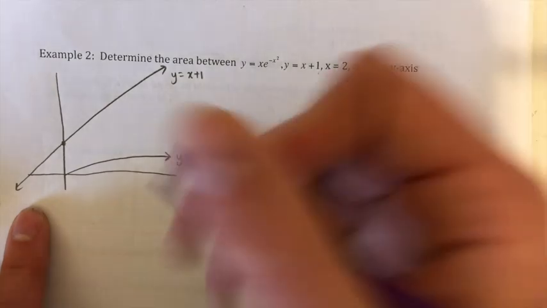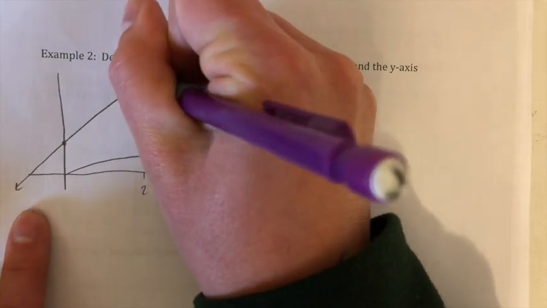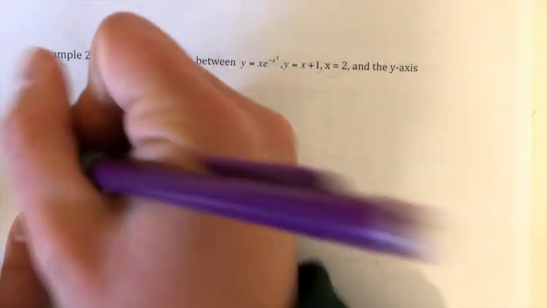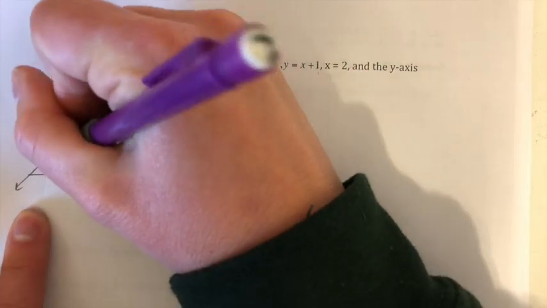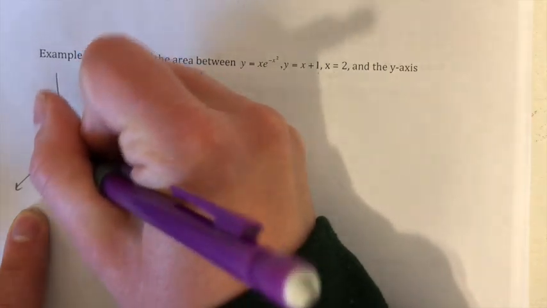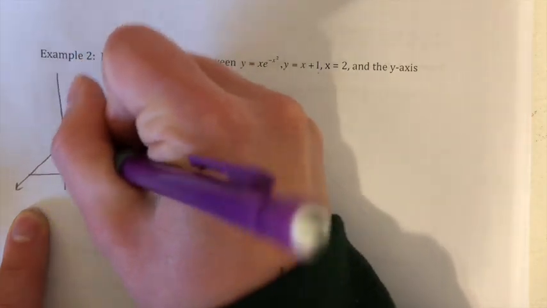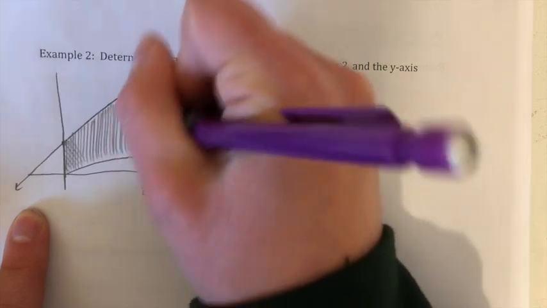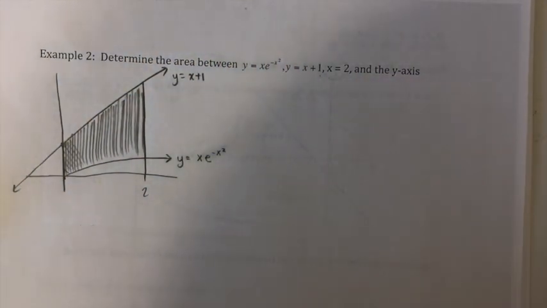So one of them is x equals 2, so let's just say that that's there. And that becomes one of the boundaries for our area, and the y-axis is our other boundary. So I guess I could draw them as our little rectangles. We're looking to add up all of those little rectangles in that shaded area there.